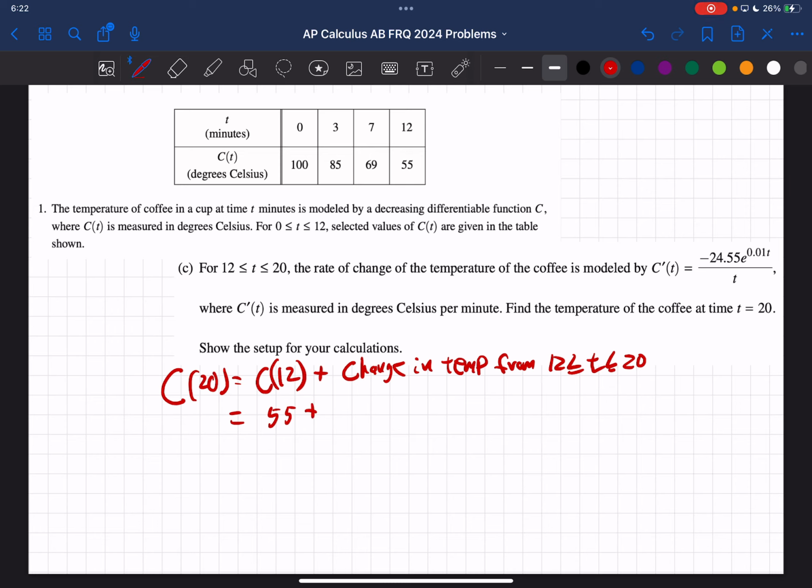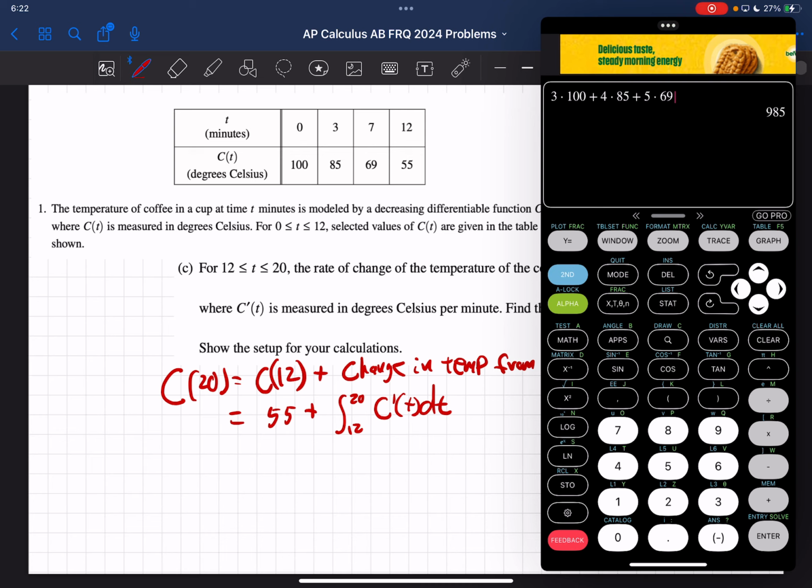Now the change in the temperature, we're going to find by taking the integral from 12 to 20 of c prime of t dt. Now, some would say that you would take the antiderivative and then plug in 12 and 20 into c prime, but the problem is we don't know that. So the only way we can figure out this value is by plugging this formula into our integral.